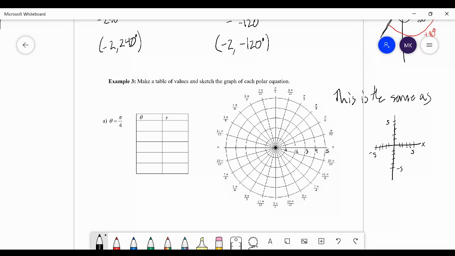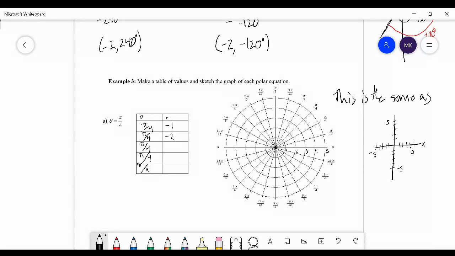So think of this just like a vertical line or horizontal line where it'll say something like x equals 3 or y equals 5. We're not given that other variable, which means that other variable can be anything, and this equation is still satisfied. But always, theta must be pi over 4. Every single time.